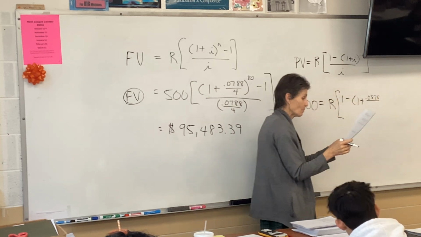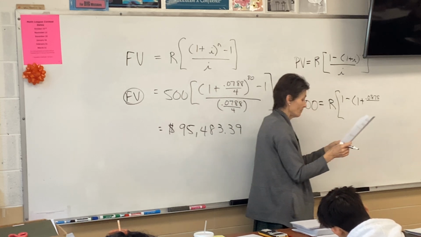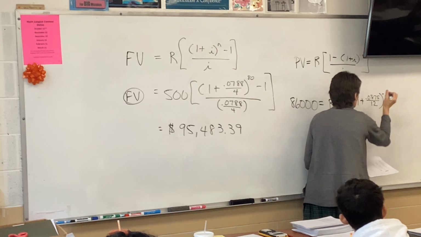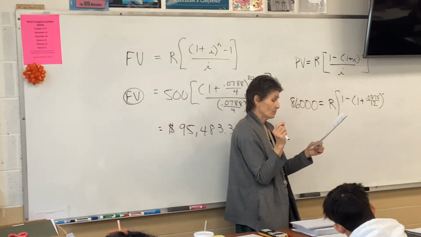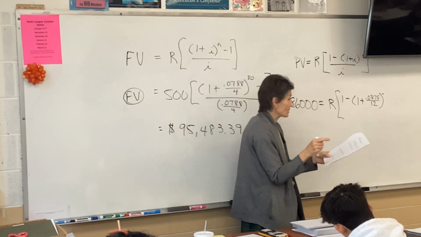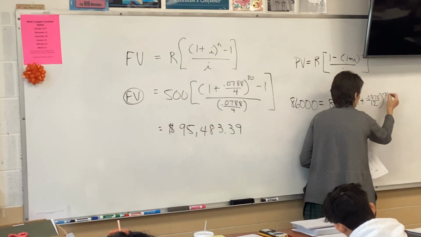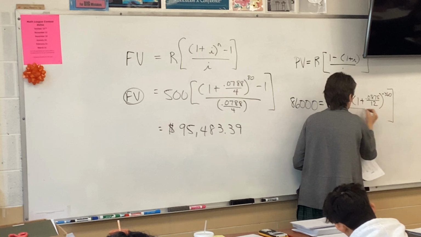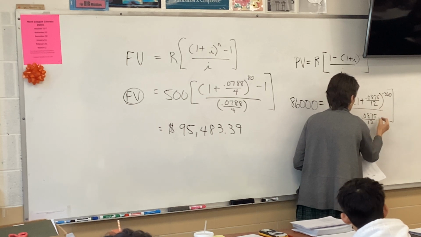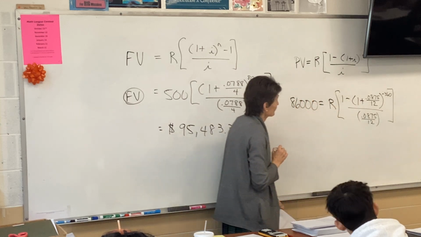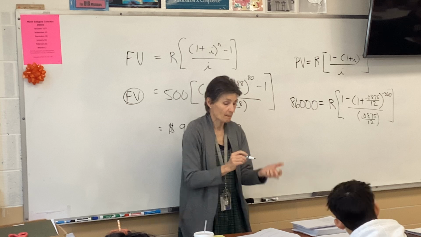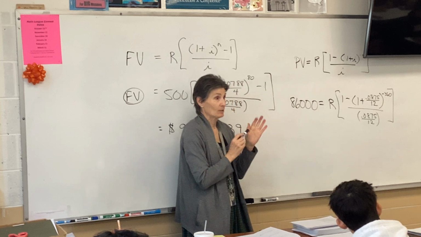And how many of those are we making a year? 12. Monthly, yep. We're doing it 12 times a year, 360 for 30 years. So your exponent's negative 360. Now, we will type that in when we get back, but does that look okay to everybody?